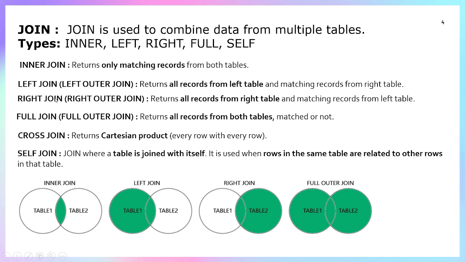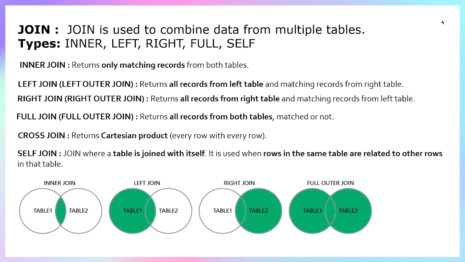Now I am coming back to tell about all these joins again. If you want to get the records of one table as well as another table, and the few records which are common in both tables, then we will implement the inner join. Left join or left outer join will give all the records which are in the left table as well as common.